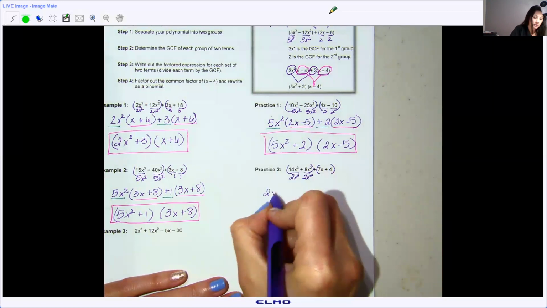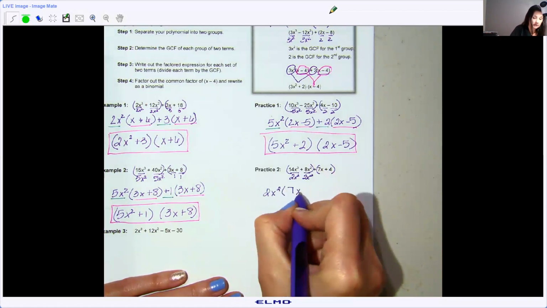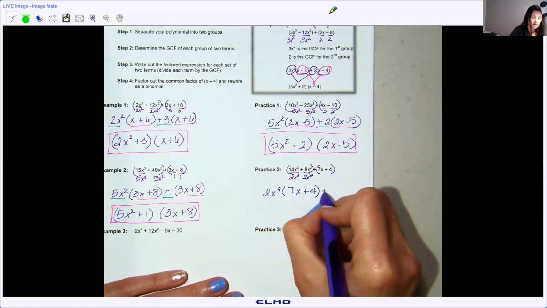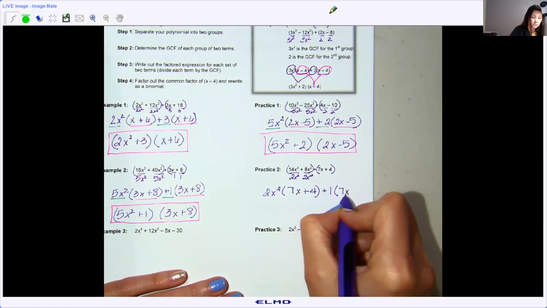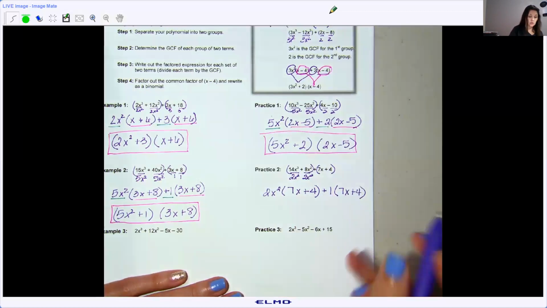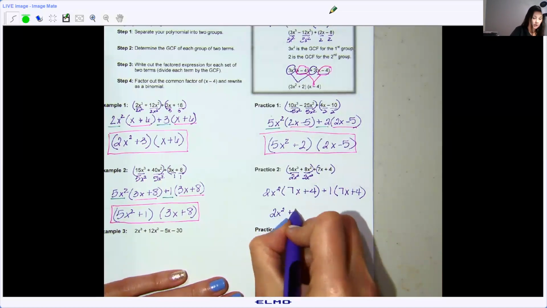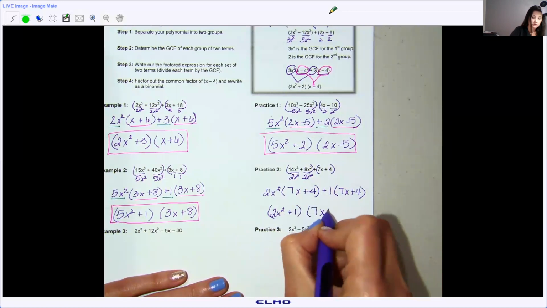So 2x squared, 7x plus 4. And then we're going to pull out a 1, and we're still left with 7x plus 4. Okay? So now we have 2x squared plus 1 times 7x plus 4.